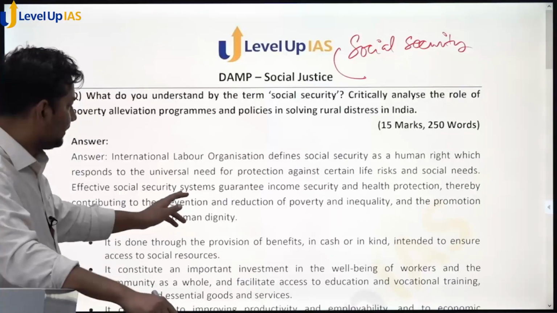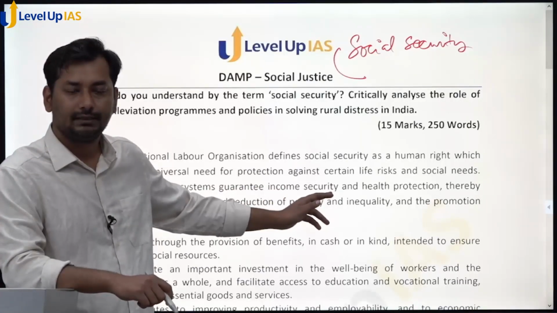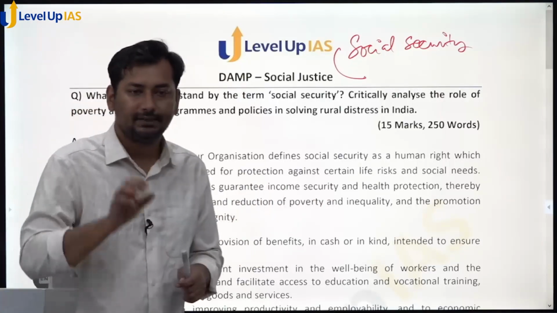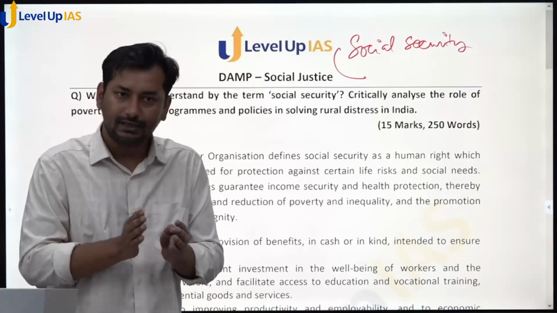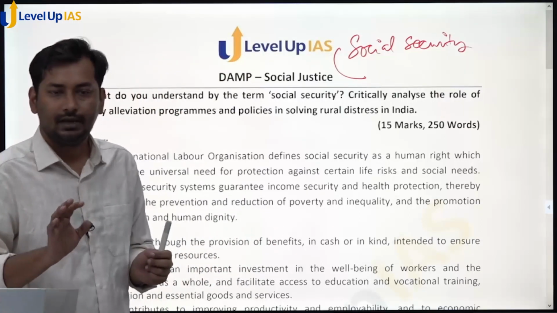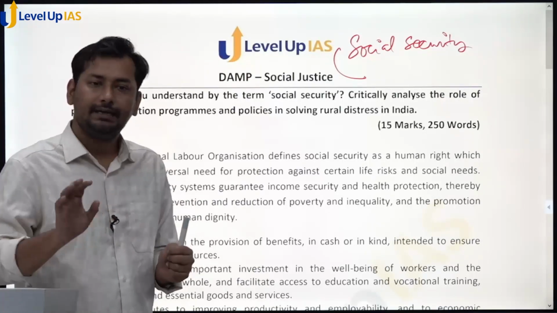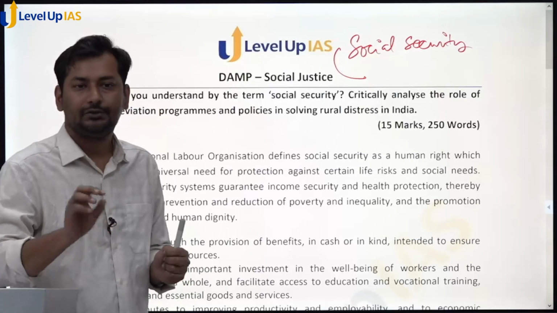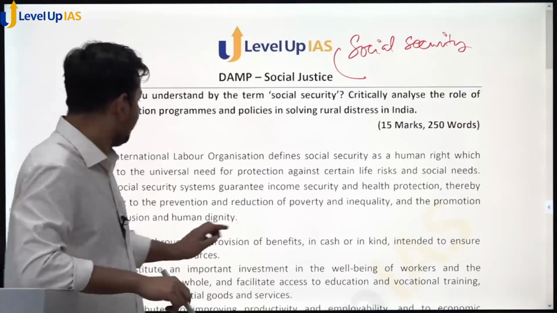An effective social security system guarantees income security and health protection. First, there should be some kind of income security for everyone because our economy is monetized. So everyone needs some kind of monetary support, also support for food grains and support for connectivity. All these things are related to the idea of social security.